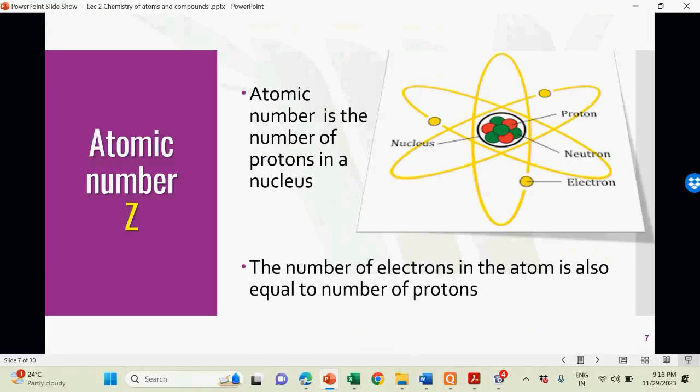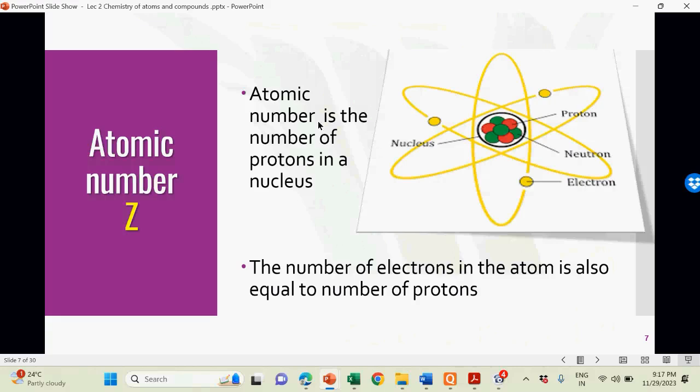The atomic number is represented by the letter Z, as you may remember from yesterday's table. It is actually the number of protons in the nucleus, or we can say for the neutral atom, it is equal to the number of electrons, because for any neutral or normal atom of any element, the number of protons is equal to the number of electrons outside the nucleus.